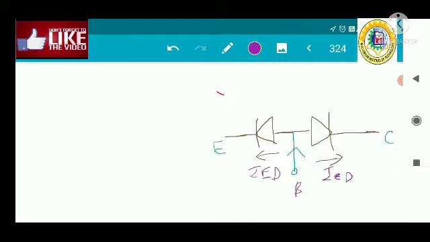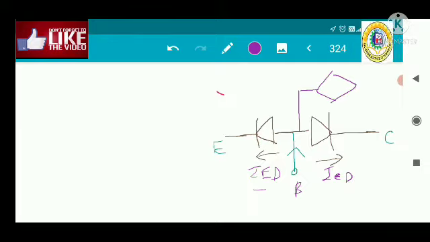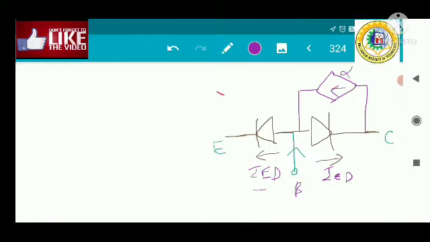So that means this current, this IED, is actually a dependent current source. This is the collector. So this current is alpha F IED.